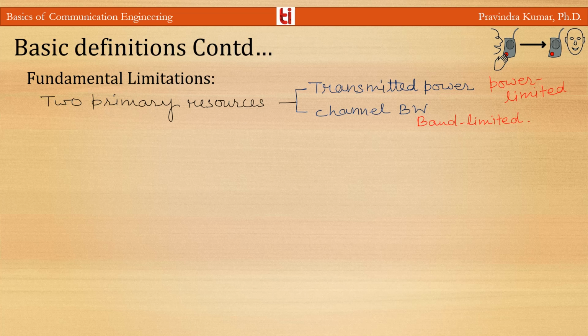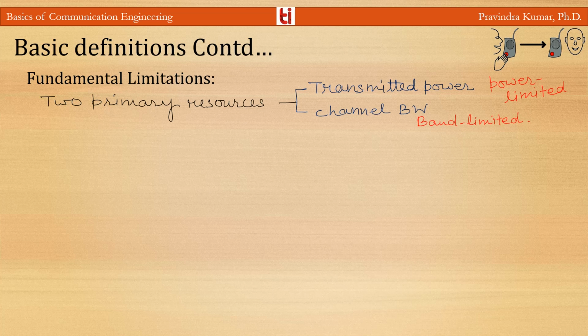For example, a telephone circuit is typically a band limited channel, whereas a space communication link or satellite channel is power limited. So you can say your wireless channel is power limited and your wired channel is band limited.